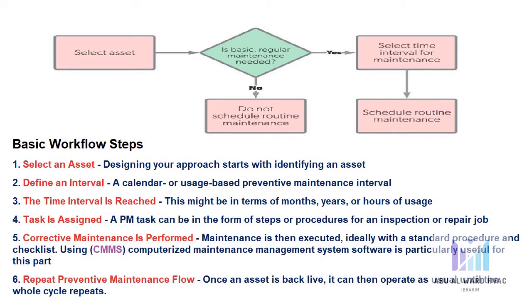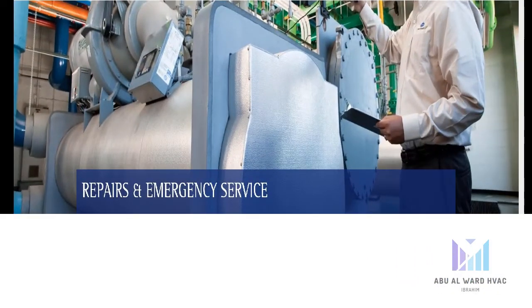Routine maintenance is a type of preventive maintenance and also a key part of total productive maintenance, in which machine operators perform small maintenance tasks to increase the reliability of the machine they use every day.